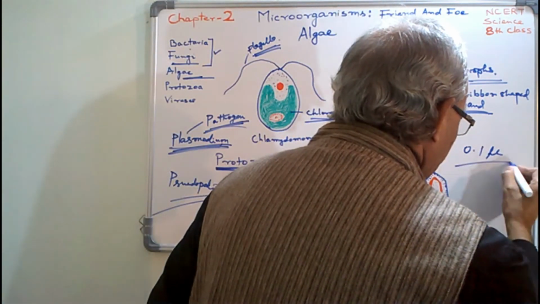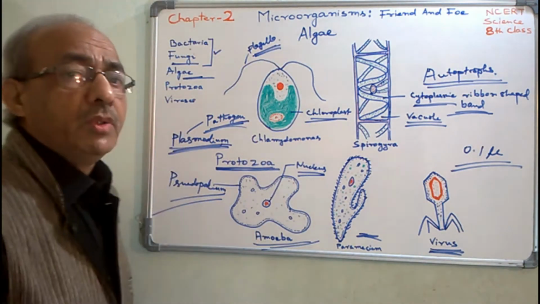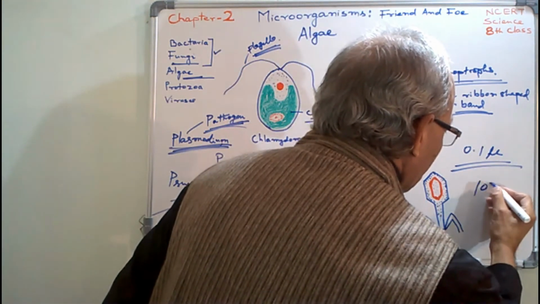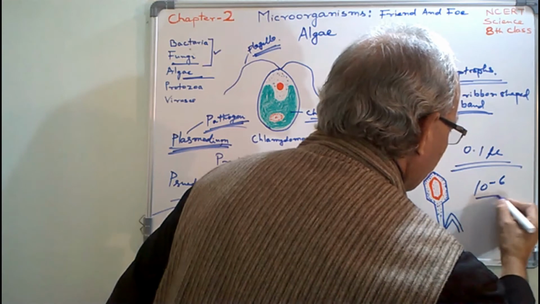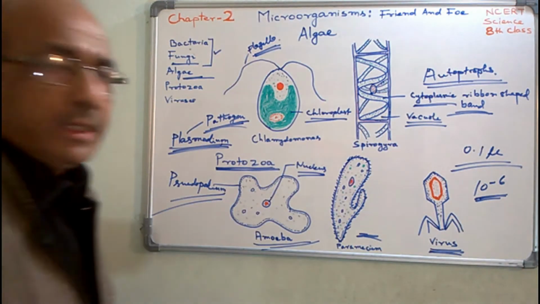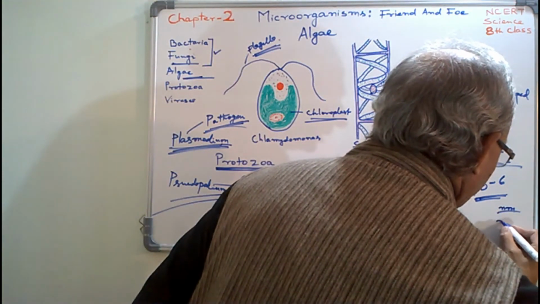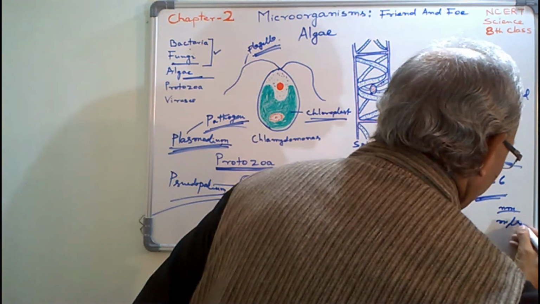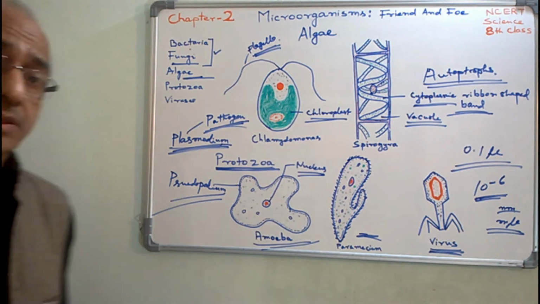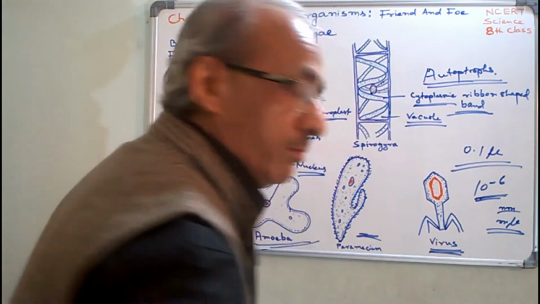That means the size of the viruses is smaller than 0.1 mu. In that session I told you the value of the mu is 10 to the power minus 6. In meter it is called nanometer or mu, like this. Viruses are the smallest microorganism found in this world.